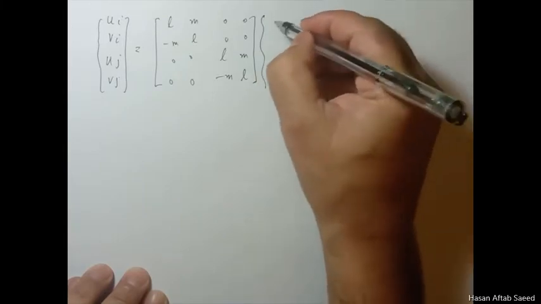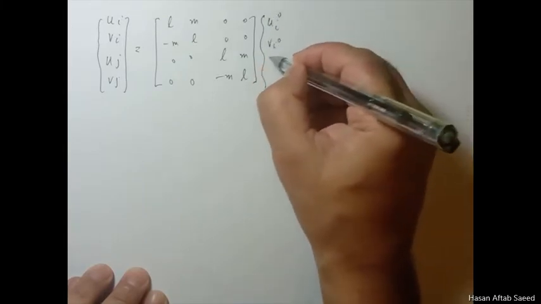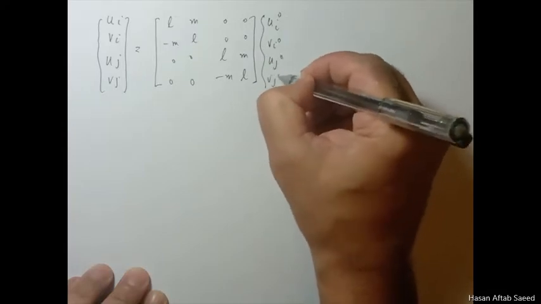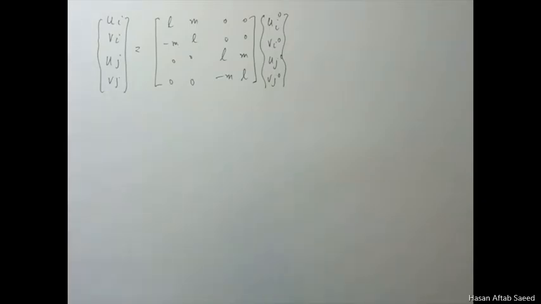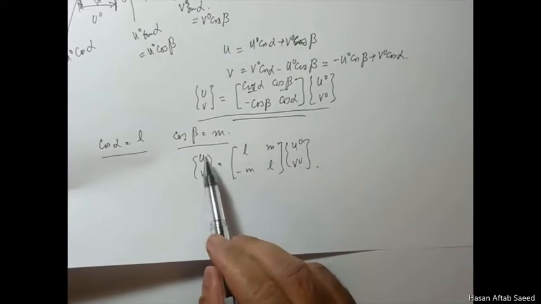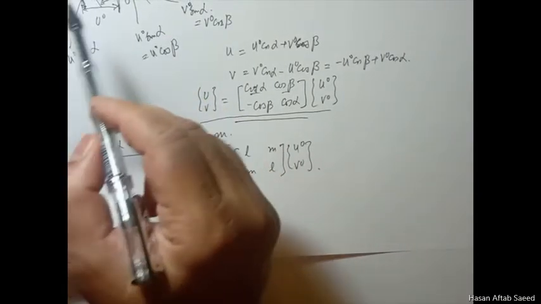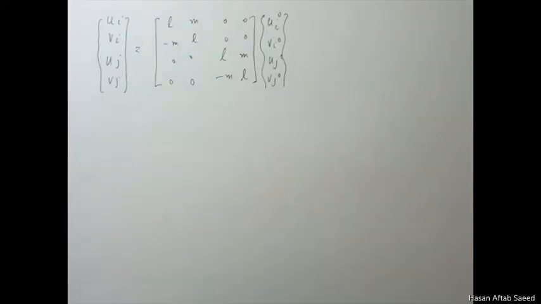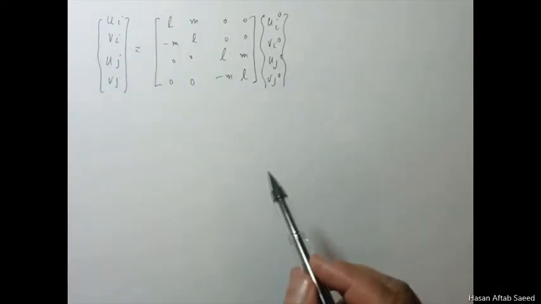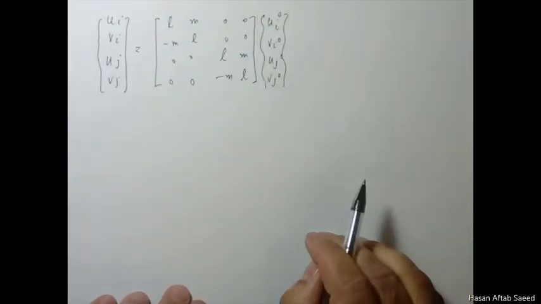And on the right hand side, ui naught, vi naught, uj naught, vj naught. This was the original equation, u naught, v naught, because we were just talking about this one point. Now you have I node and J node, both will transform in the same way, so we have to differentiate between I and J, and also we have to increase the size of the K matrix appropriately.